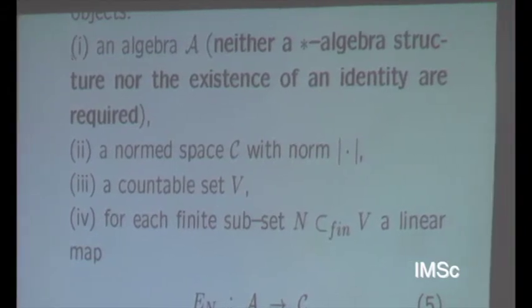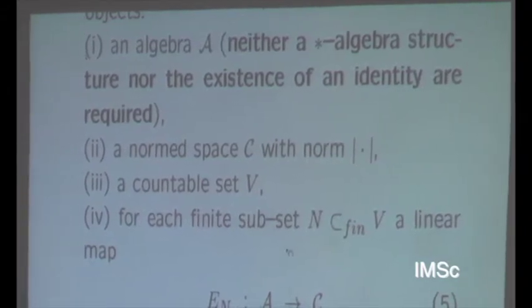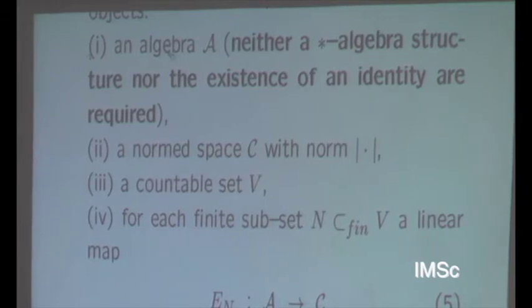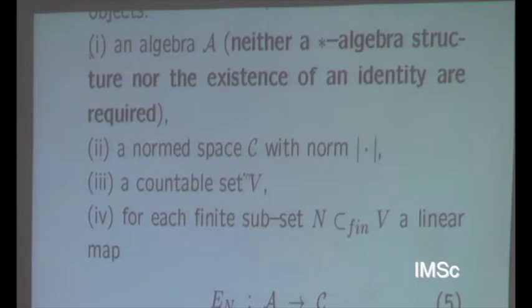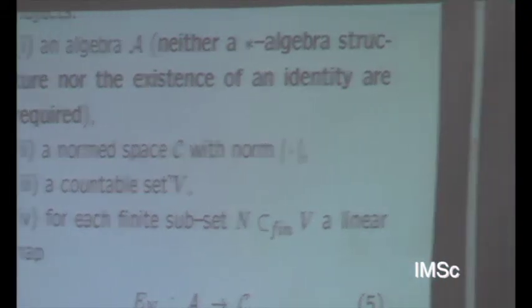The main estimate on the central limit theorem will assume that it's an algebra, but we don't need star algebra, we don't need identity. We have a normed space which will replace the complex numbers. We have a countable set. Typically, in the standard central limit theorem, this countable set is the set of integers. We have a sequence of random variables.